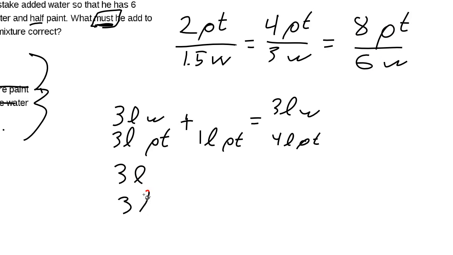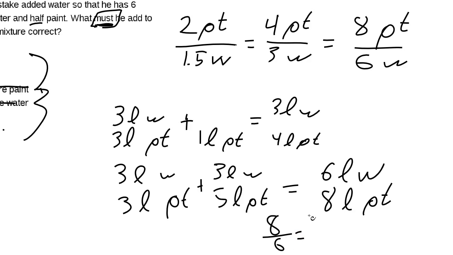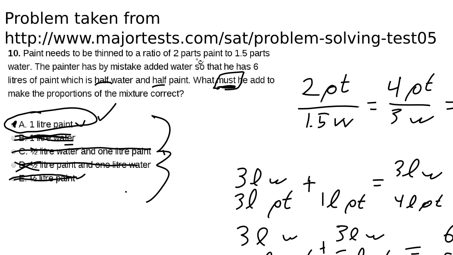So if he started off with 3 of both water and paint, he could add 3 liters of water and 5 liters of paint to get to a total of 6 liters of water and 8 liters of paint, and that would be the correct ratio, because 8 over 6, 4/3, is the same as 2 over 1.5, which were the specs given in the problem.